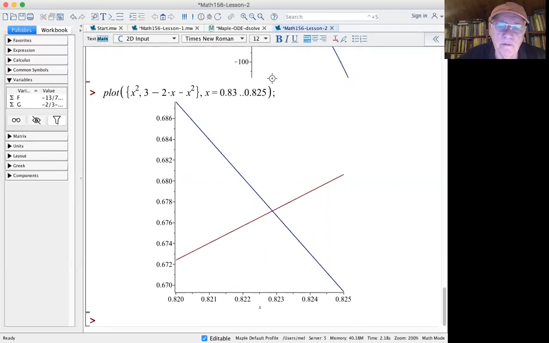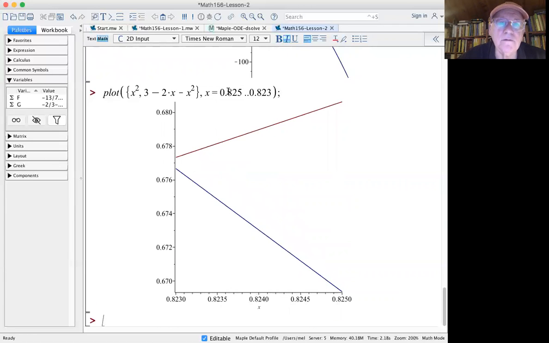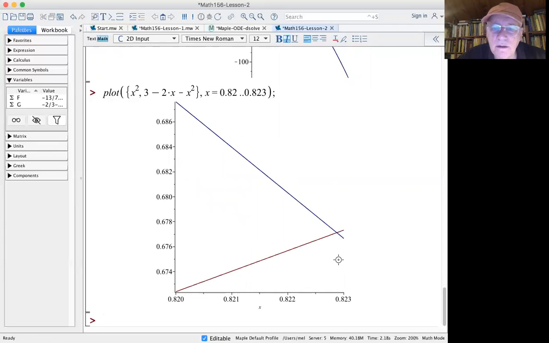And maybe between 3 and 3.5. Oops, too much. Oops, still too much. Yeah. About 0.82, a little bit less than 0.823.